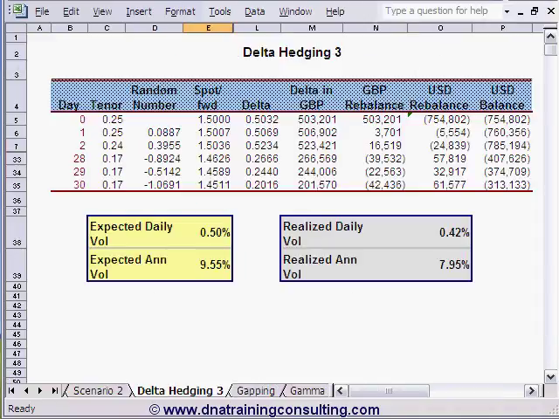Now the trader proceeds to delta hedge this option for, let's say, the first month, so for the first 30 or 31 days.